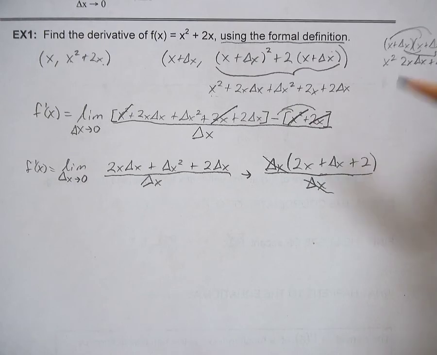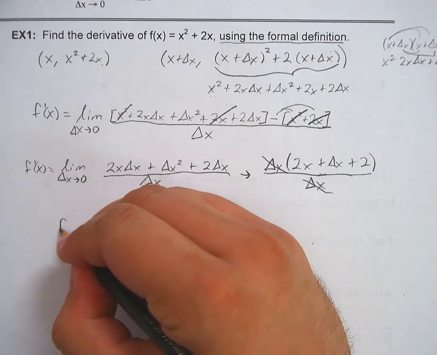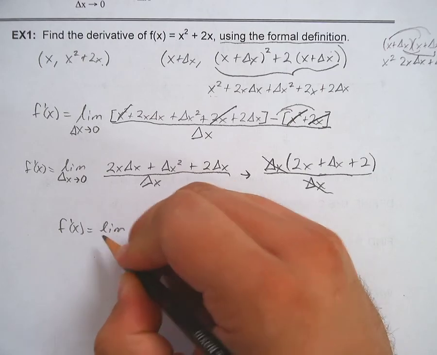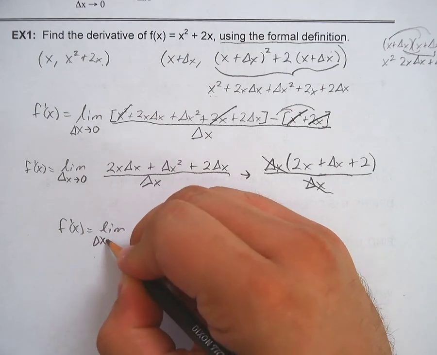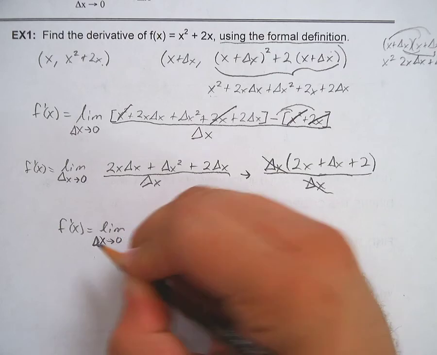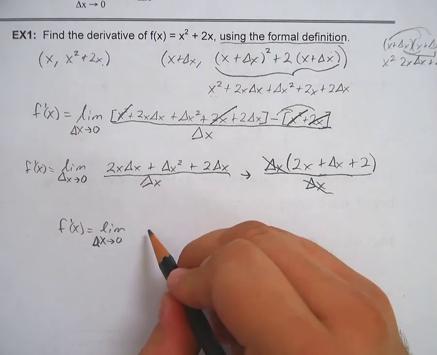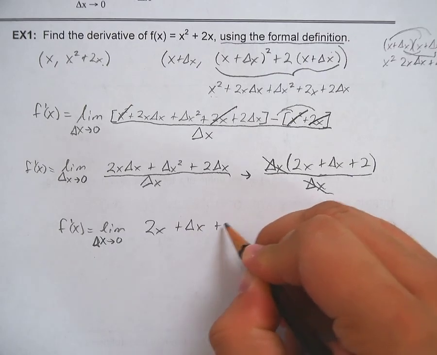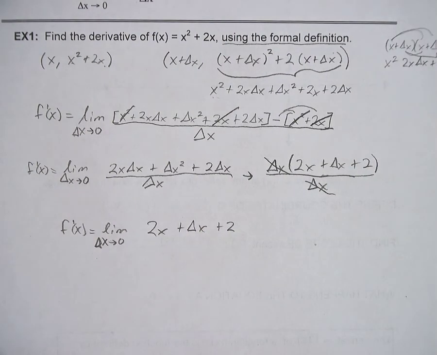Okay, so let's keep going here. F prime of x is the limit as delta x goes to 0 of 2x plus delta x plus 2. I don't see anything else I could simplify there.